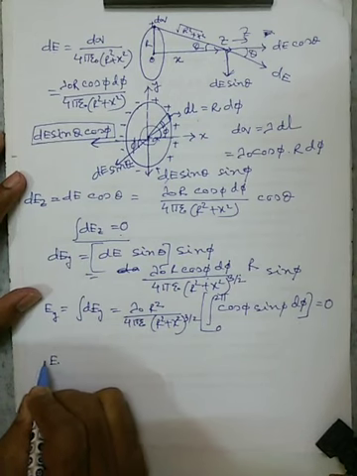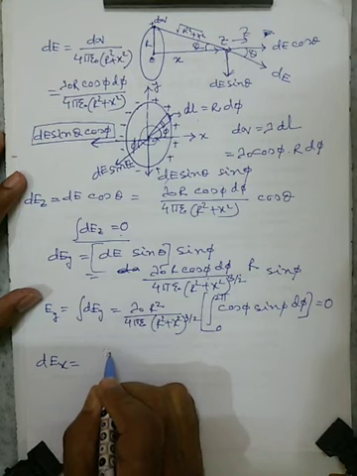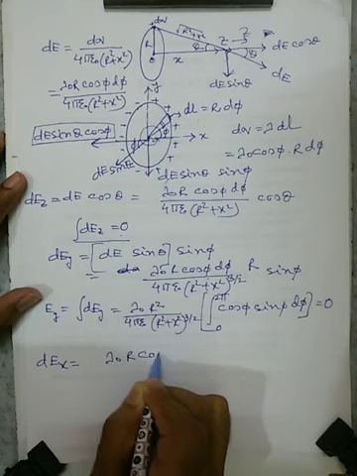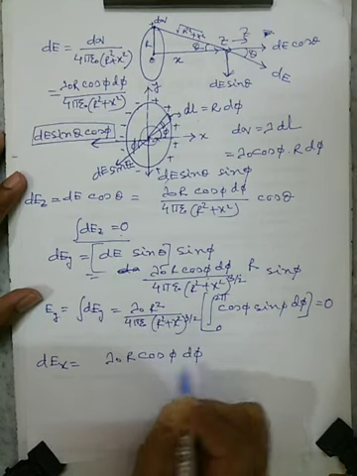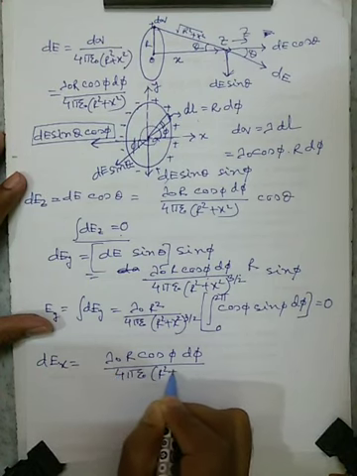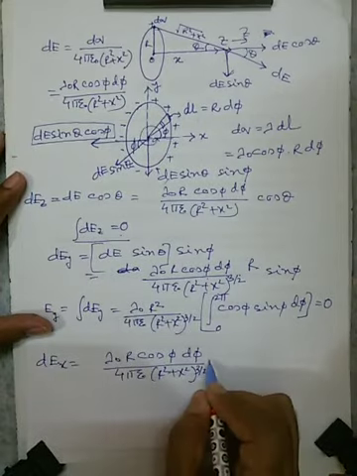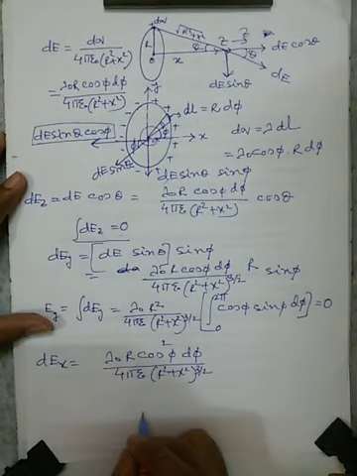Therefore dEx is equal to dE sin theta, that is lambda naught r cos phi d phi by 4 pi epsilon naught (r square plus x square) to the power 3/2, into cos phi, that means cos square phi.